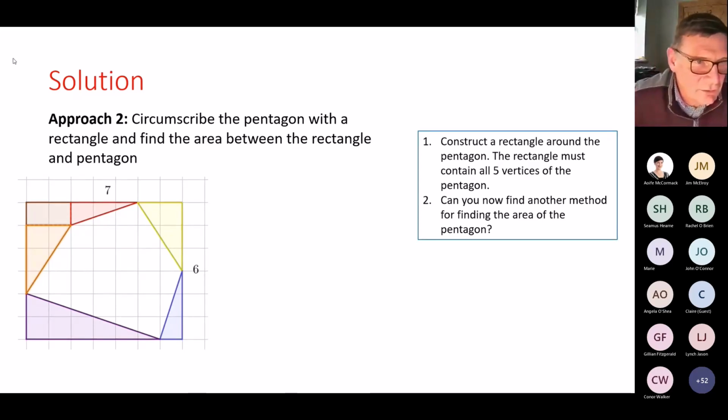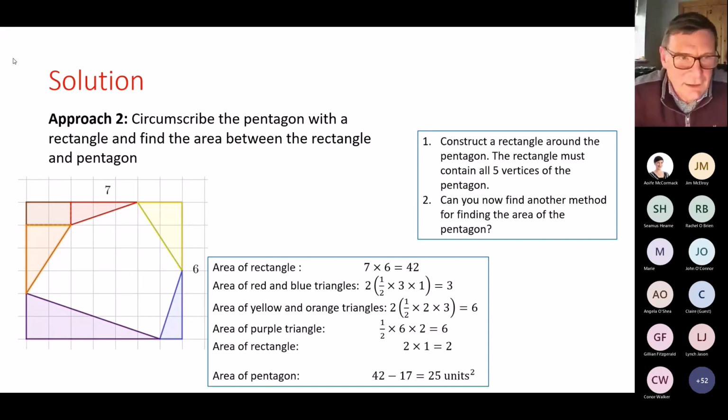So again, it's actually easier to do this time once they realize that they've got to get the area between the pentagon and the rectangle. So they get this series of triangles and the one rectangle. So their next job then will be to find, first of all, the area of the rectangle, which is 7 by 6, 42, and then get the area of all the triangles plus the rectangle.